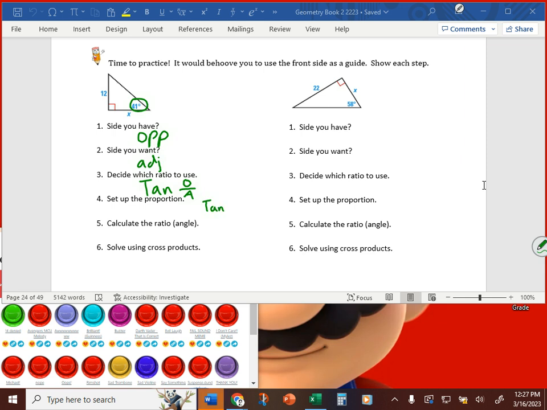Because if you flip that second fraction, it's going to change the cross products, right? So it does make a difference. So it's tan of 41 equals, because the tangent ratio is always opposite over adjacent. That's why we label them, so that we can apply those labels in the equation.